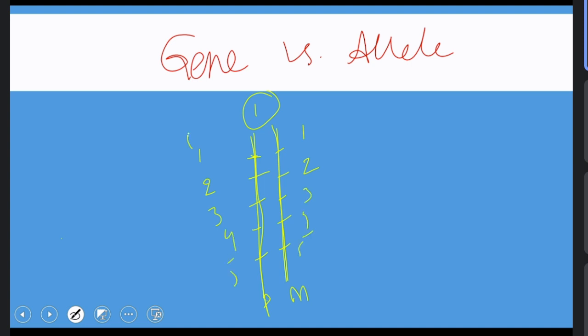So when I say corresponding loci, the first loci of these two chromosomes are called corresponding loci. Likewise, the second are corresponding, third are corresponding. Both the corresponding first loci are responsible for only one character.